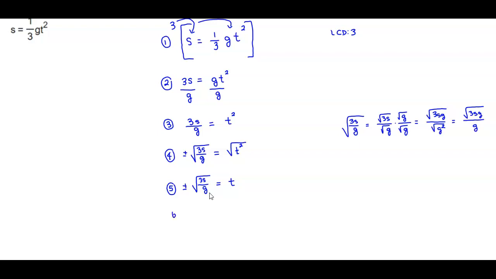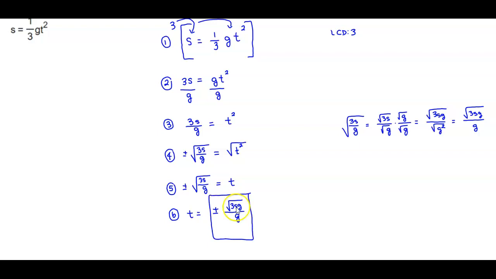So therefore, in step number 6, we're going to rewrite this where it says t is equal to plus or minus the square root of 3sg over g. And therefore, that is our solution.